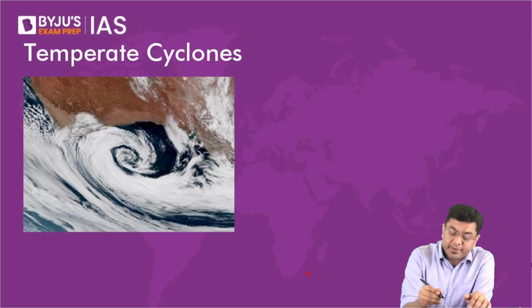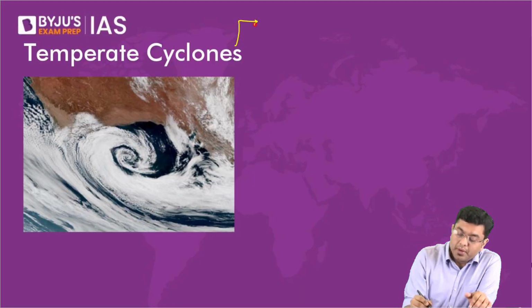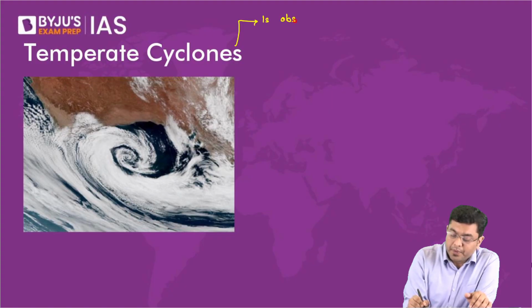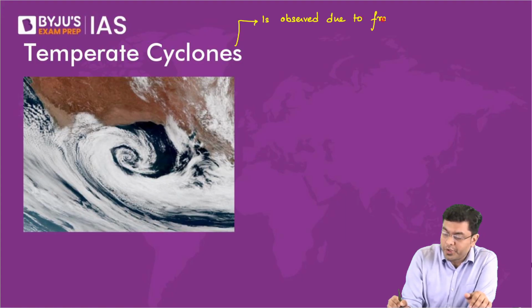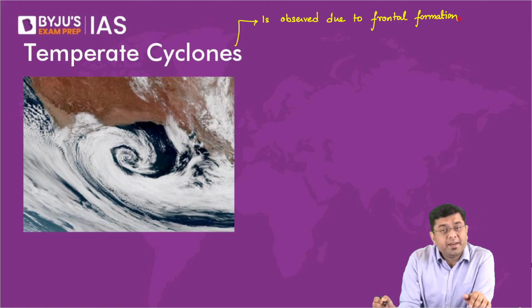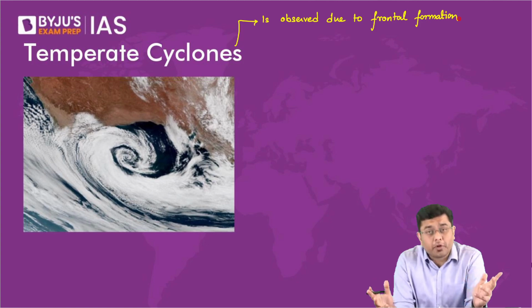So this is observed due to frontal formation. That is a must. Now, where is it that the frontal formation happens across the planet? It is observed in the mid latitudes, isn't it?